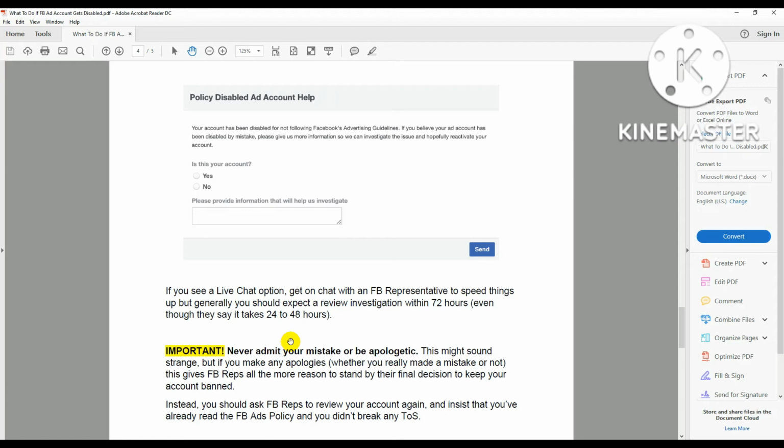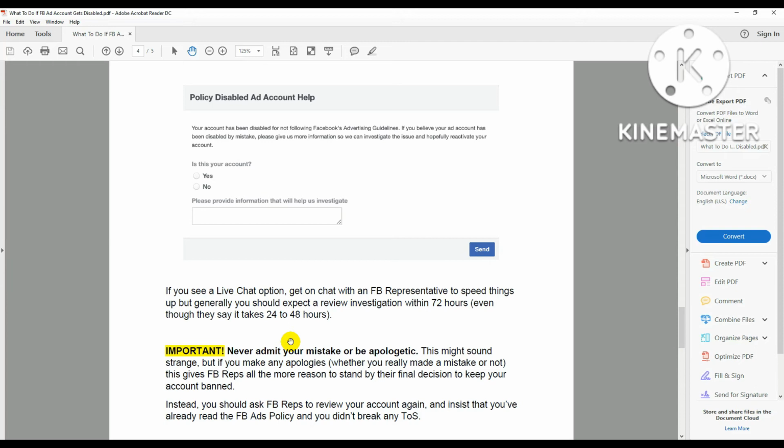Sometimes this could generally be your mistake for not complying with their ads policy. For example, if you're operating in a sensitive market like weight loss, and you're using words that are sensitive or just don't comply with the Facebook ads policy, then they do reserve the right to permanently disable your account. At this point, you have no choice but to use another new ad account elsewhere with a different identity.